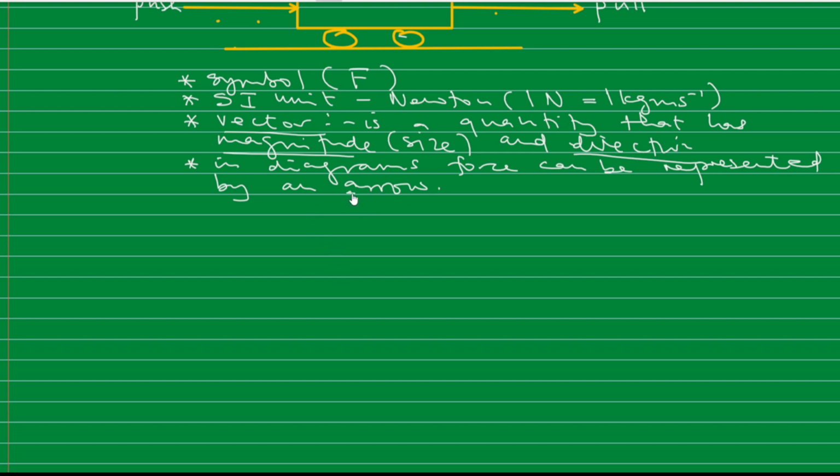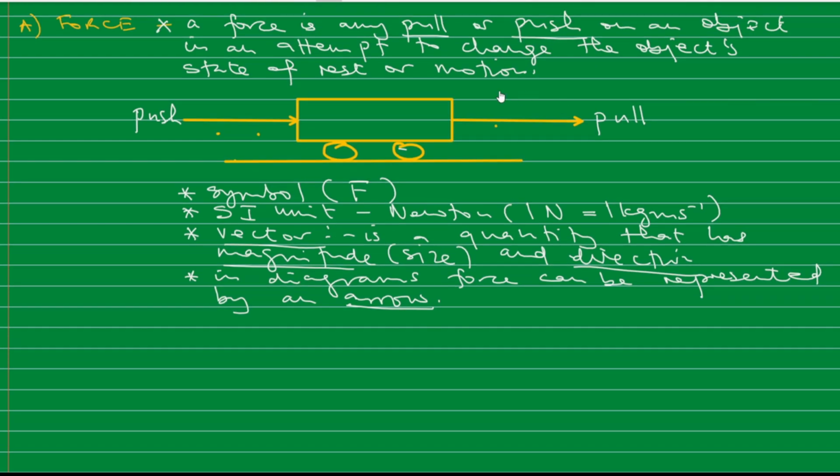You might have realized that when I drew this diagram here, the arrows represented a force that is a pull and a force that is a push on this particular object. So it's very important to understand that force will always be represented by an arrow. So we can draw an arrow.